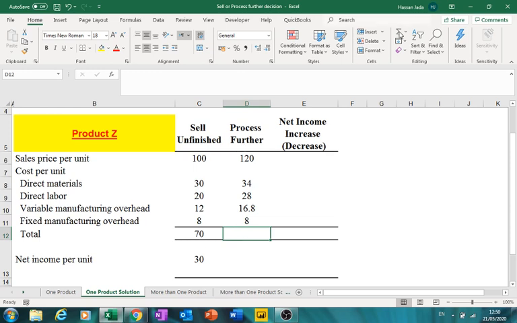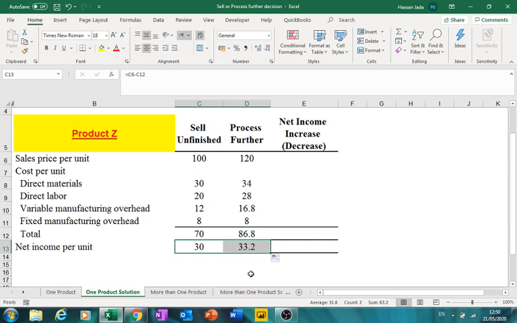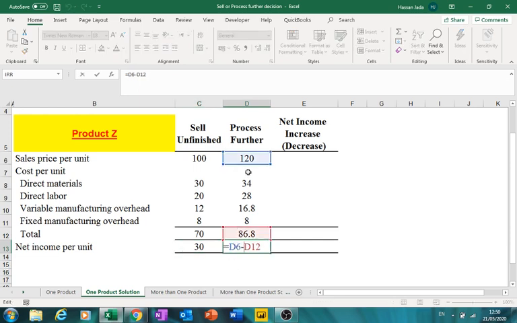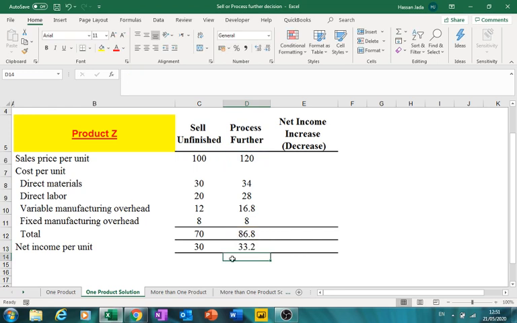For the total cost, we have $120 sales price minus $86.80. Then $120 minus $86.80 equals $33.20.